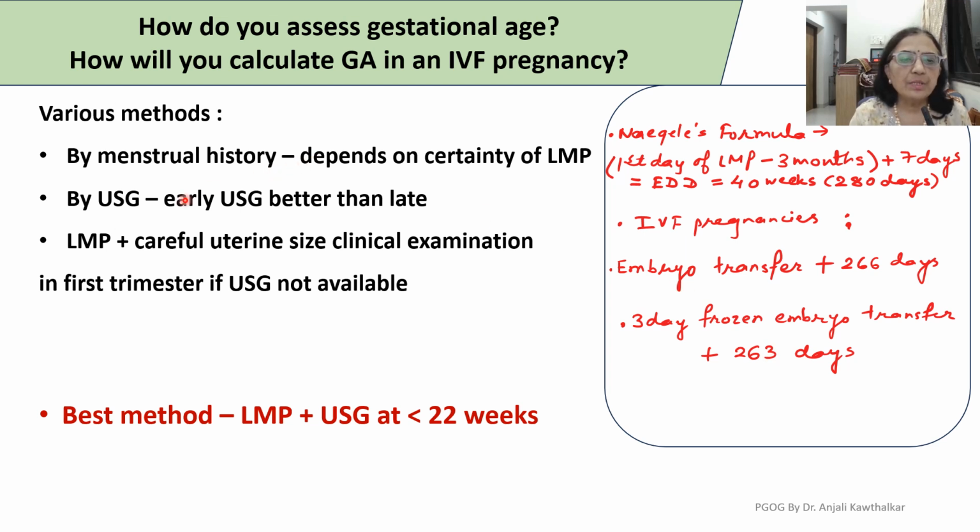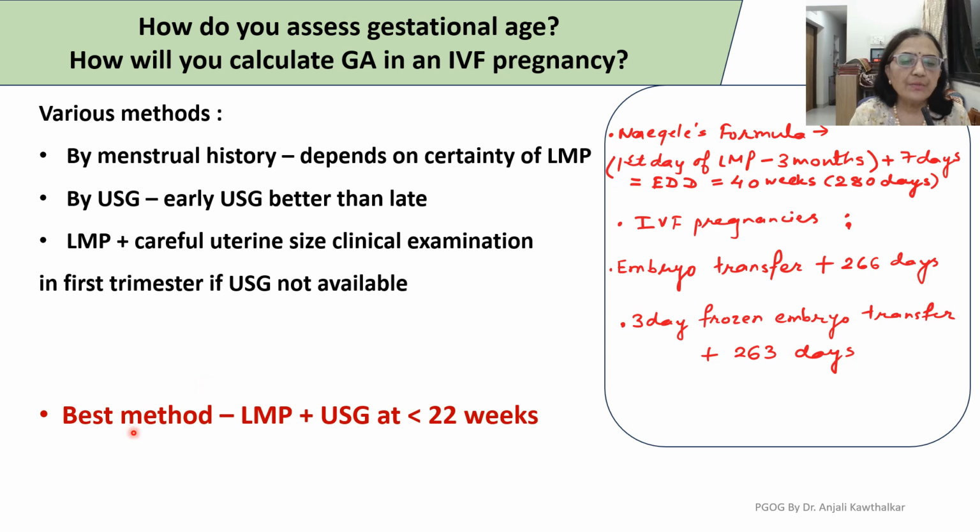So one is by menstrual history, other is by ultrasonography, where early ultrasonography is better than the sonography which is done in late pregnancy for assessment of gestational age. Now, if ultrasonography is not available, then the date of last menstrual period, if patient is certain about that, along with careful uterine size clinical examination in the first trimester in expert hands is said to be a reliable way of assessment of gestational age.